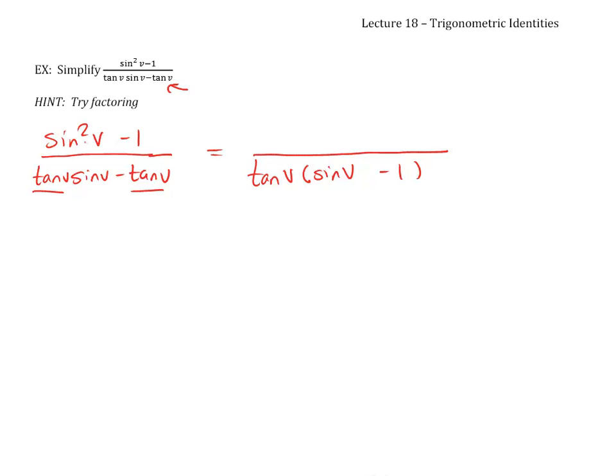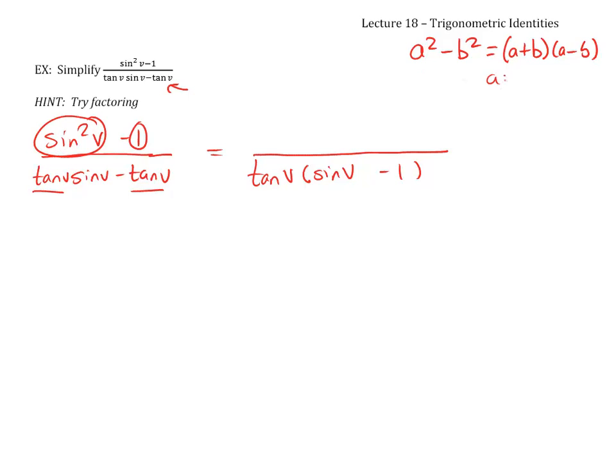Now on top, what I notice is that this is a perfect square and this is a perfect square, and so I can refer back to my algebra factoring rules for perfect squares, that is a difference of squares, which gives me, if I have something squared minus something squared, that factors into a plus b times a minus b. So what is it that's squared in this case?